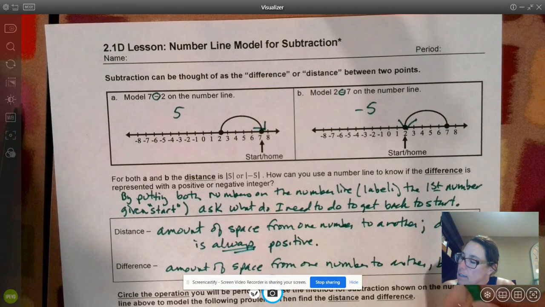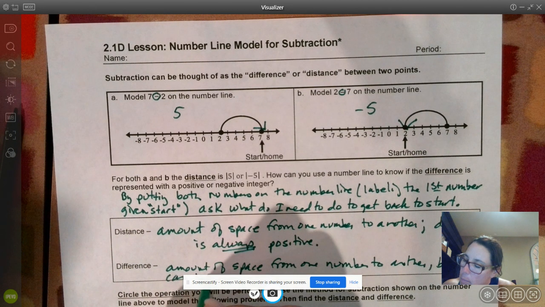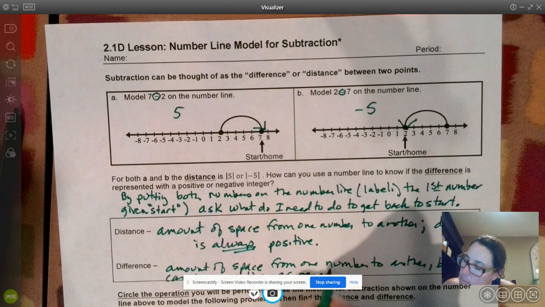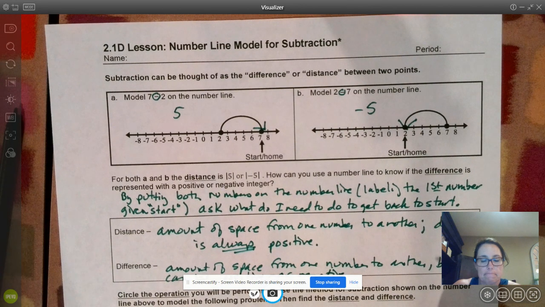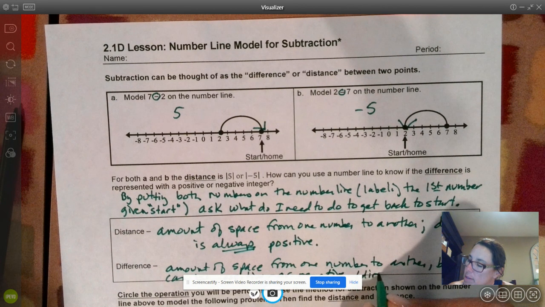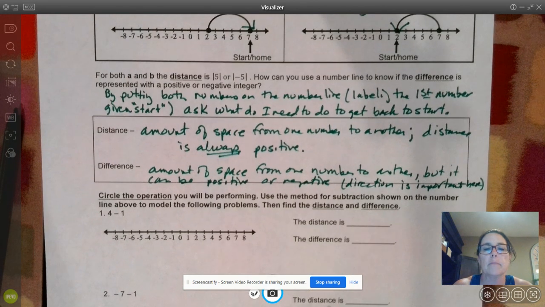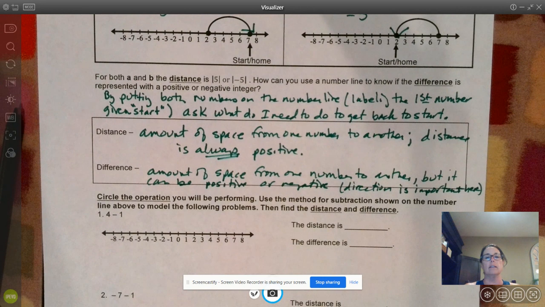But it can be positive or negative. Okay, and I'm going to put this in parentheses. The direction is important here. Let me put that up. Okay, so the difference, again, the amount of space from one number to another, but it can be positive or negative. The direction is important here.